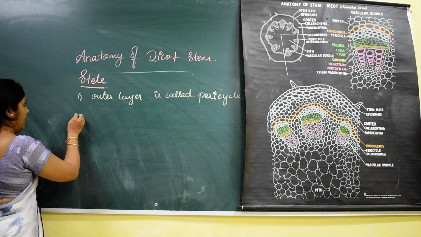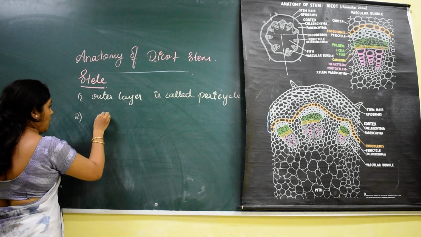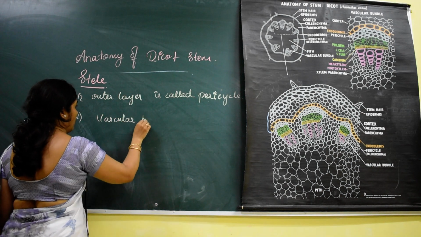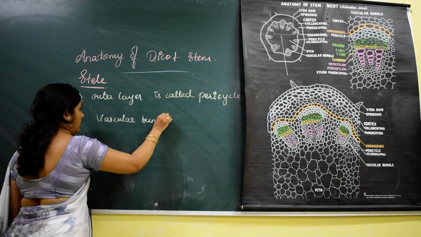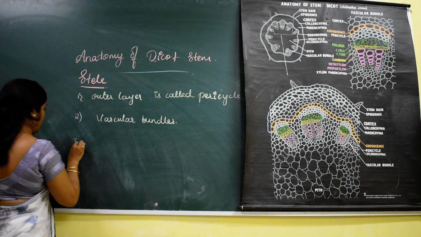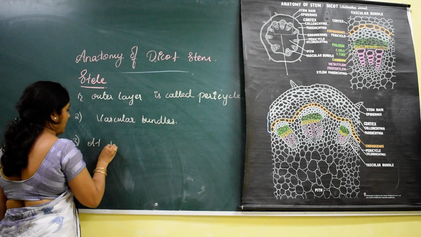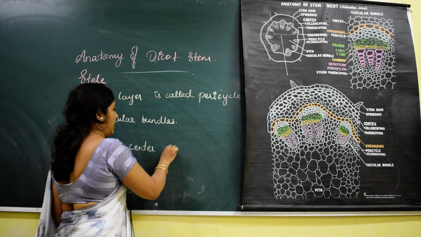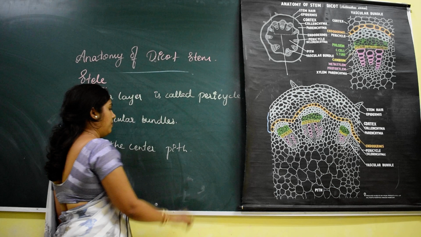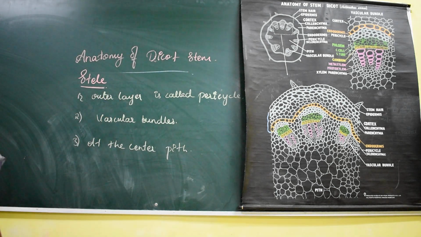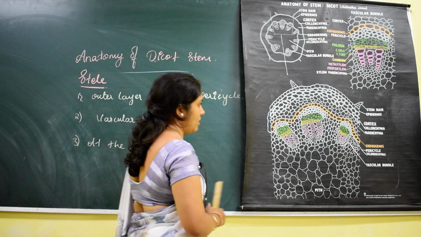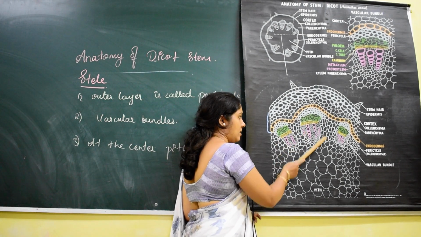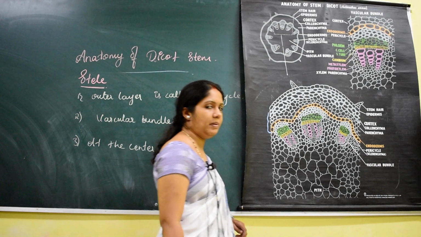Next, the middle layer comes the vascular bundles. And third, at the center, the pith region. So see, there is a pericycle, next comes vascular bundles, and the centermost region is the pith region.